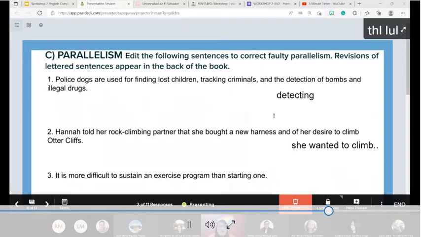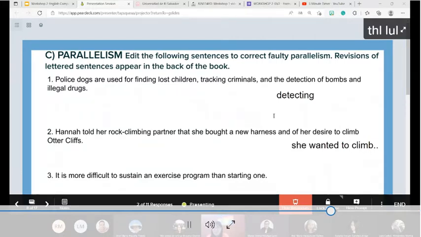What about number 4? During basic training, I was not only told what to do, but also what to think. How will you fix that one? Here we have parallel conjunctions or pair conjunctions.